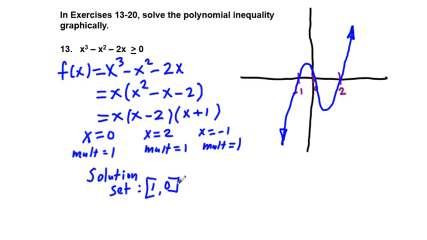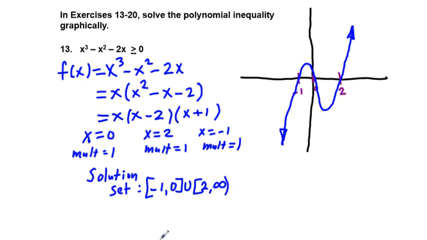And why do we have brackets there? The reason we have brackets is because we're looking for where we are greater than or equal to 0. In union, we have from 2 to infinity.